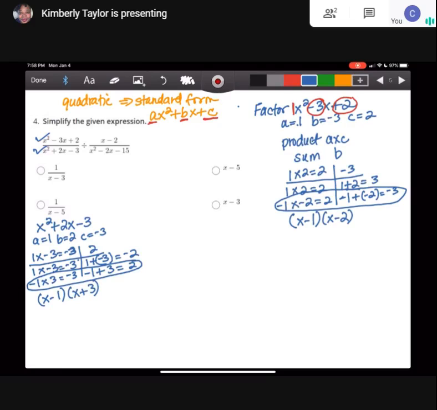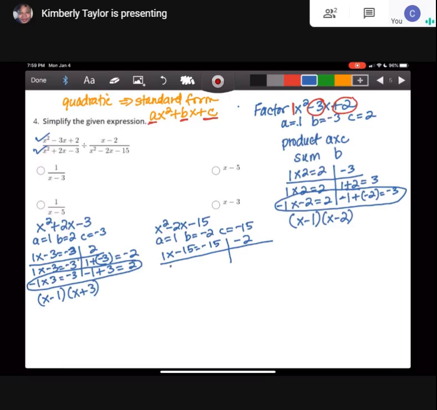So now let's do the last one, which is x squared minus 2x minus 15. My a is 1, my b is negative 2, and my c is negative 15. The product is 1 times negative 15, which is negative 15. And then the sum has to be negative 2. So how can I get negative 15?